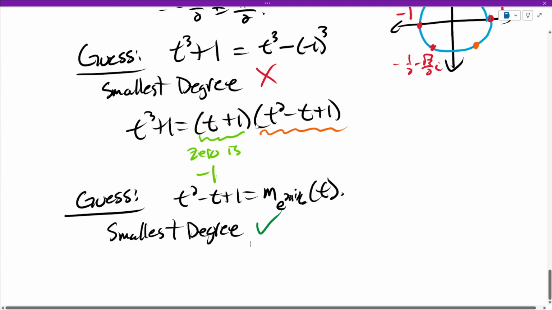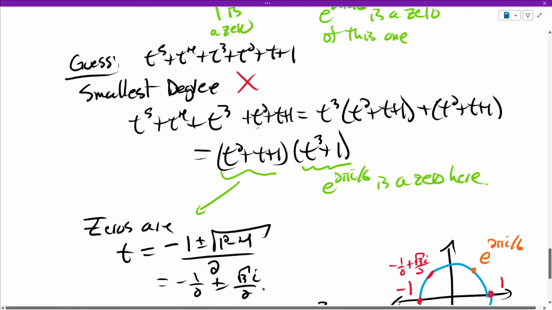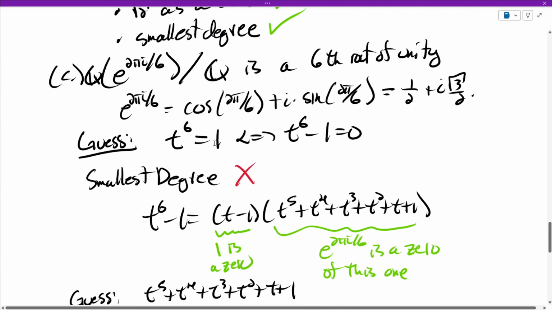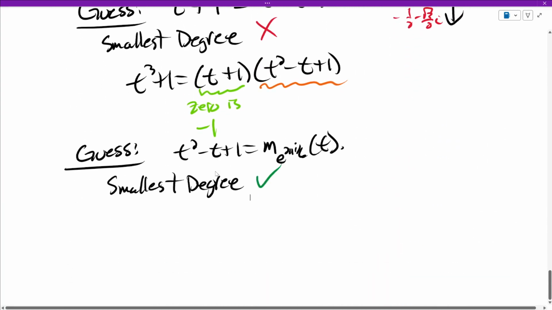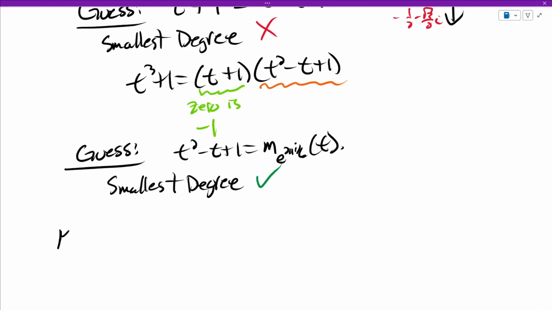We also learned one other thing here. Each time our polynomial factored, the element alpha, the guy we're looking for the minimal polynomial of, was a root of one of the factors. What this is telling us is that minimal polynomials need to be irreducible. So note this well.